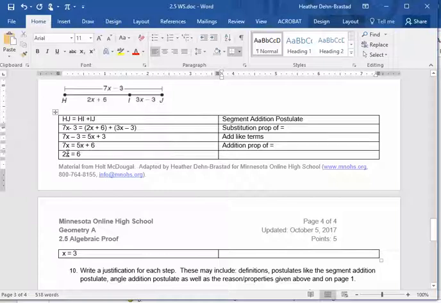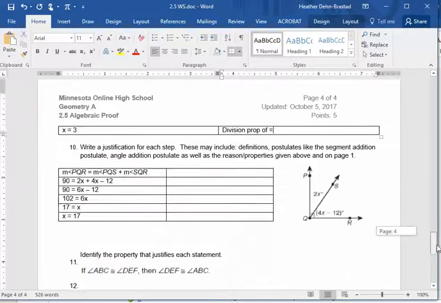Then I had to subtract 5x from both sides. So I used the subtraction property of equality. And then finally I divided both sides by 2. So again, all of the work is done for you over here on this one. You need to fill in the reasons that you're allowed to do that.